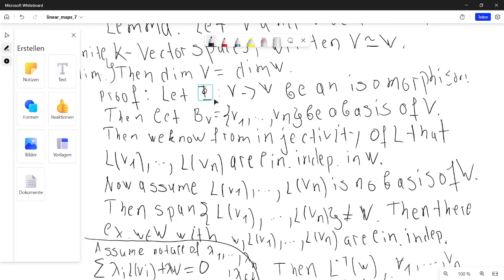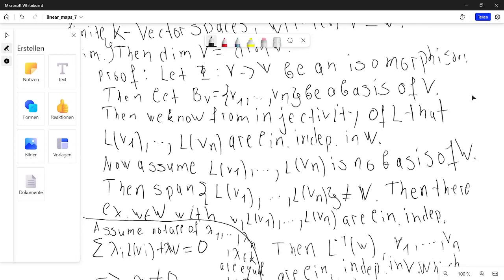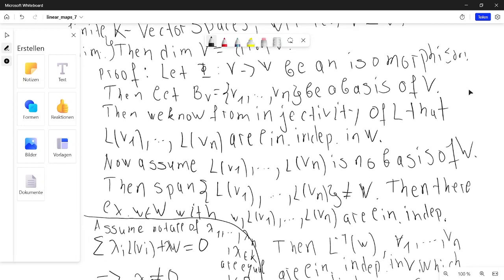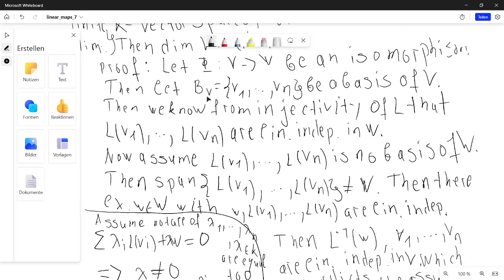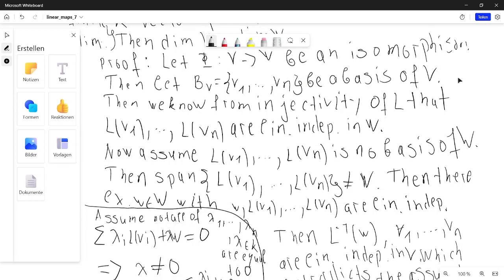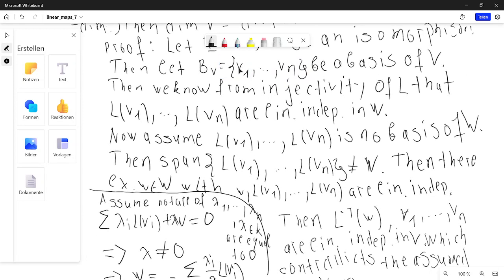All right. Then we took an isomorphism which exists because the vector spaces are supposed to be isomorphic, so it exists by definition of isomorphic vector spaces. And then we took any basis BV of V, and we said, well, this basis has a finite number of elements, let this number be called n, and then enumerate those vectors as v1 to vn.